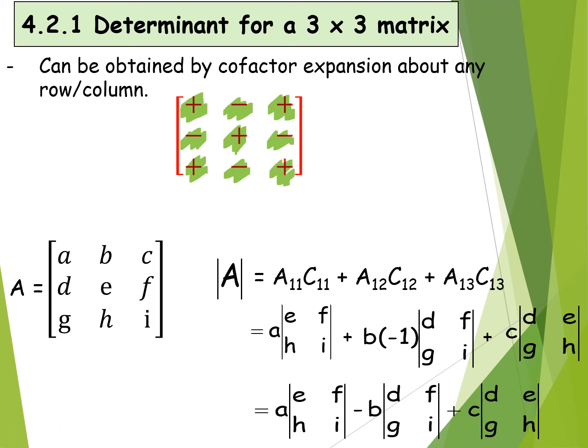For this matrix A, we expand along the first row. The signs in the first row are positive, negative, and positive, so that the determinant of A is equal to A11 times C11 plus A12 times C12 plus A13 times C13.